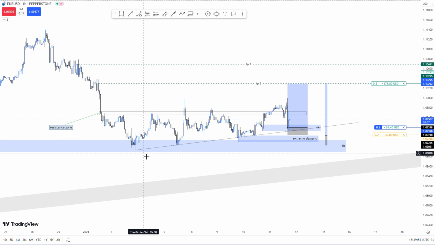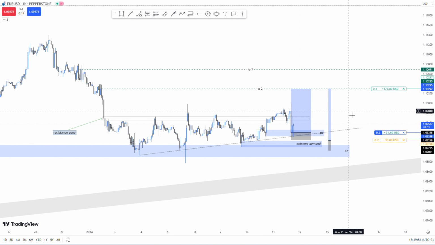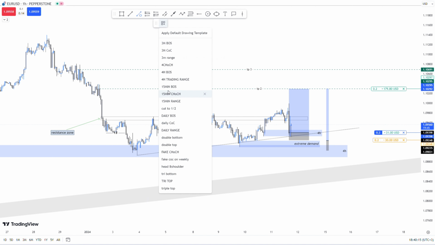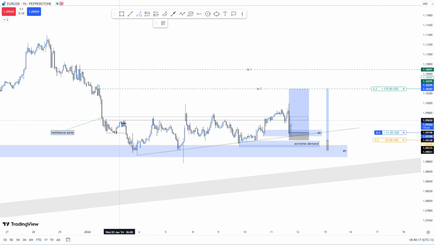That's where we get a setup, because this is the trend line, and the trend line is being respected away from the demand zone, and the resistance zone has been broken. With those two details, the next thing is that the price will definitely come back to the demand zone, which led to the break of the resistance zone, and that's where we want to get into the market.